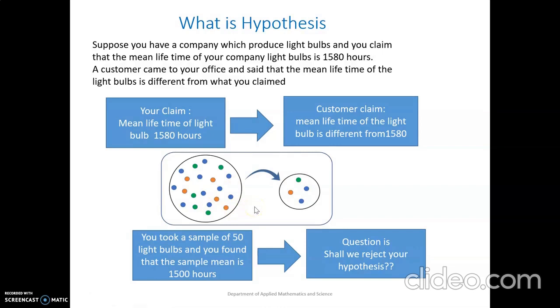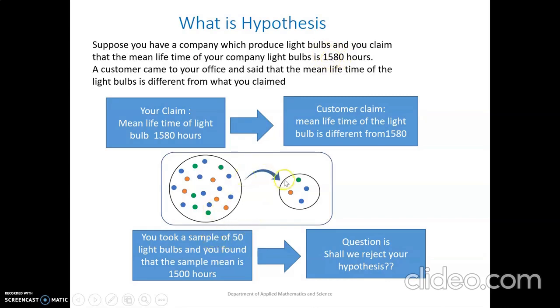sample mean is 1500. In the beginning, what we said was the mean lifetime of your company's light bulb. So here we are talking about the population mean because you are considering all the light bulbs in your company. So this value is for the population mean. So this is your mu.